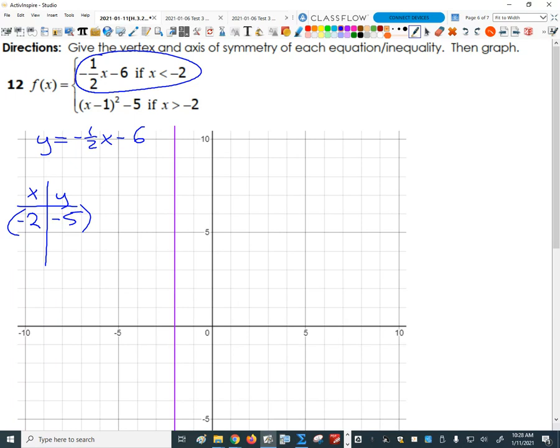What's another point we could use in our region? We've got to be less than -2. I want to make another ordered pair, so I get 2 ordered pairs, so I can connect and extend to make my line. Get an idea, Jace, for another one for me?